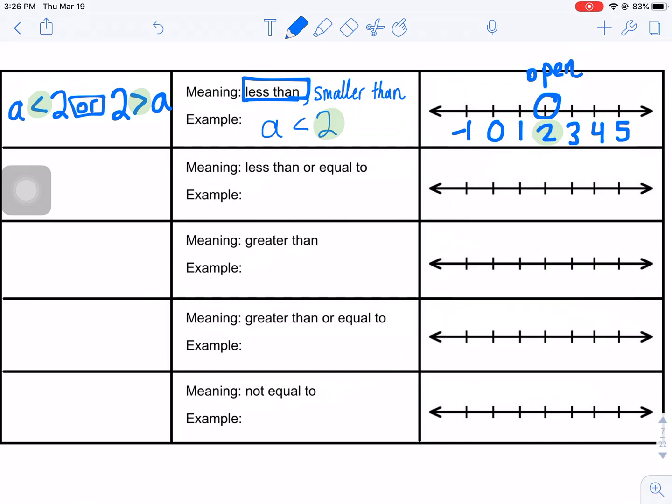We want all the numbers less than, smaller than 2. So that includes 1, 0, -1. We need to shade this side of our number line. So anytime you hear the words less than, this is what your problem should start to look like.